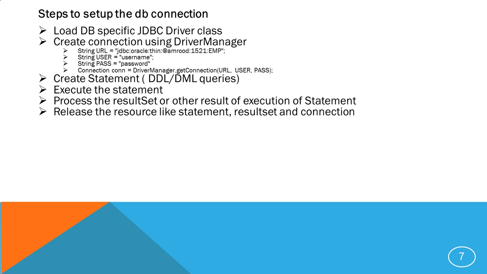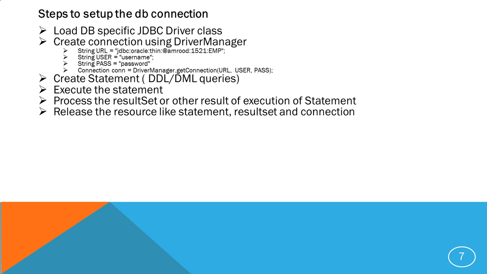Those queries are encapsulated into the statement. Once a statement is executed, you can get the result in the form of a result set or in some other form. I will let you know the different types of execution of a statement.